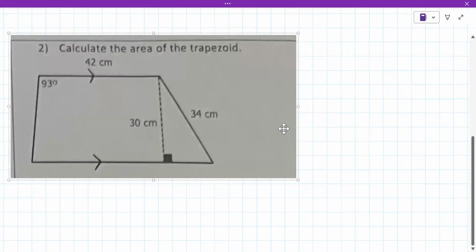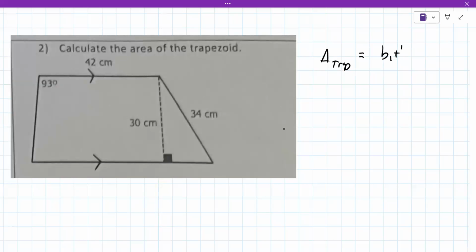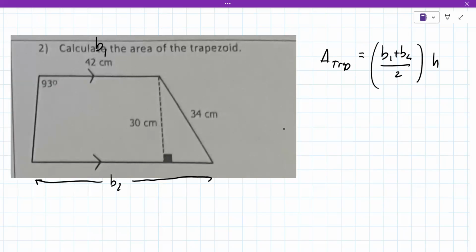All right, calculate the area of the trapezoid. Sometimes it's good to start with the formula. There are a lot of different ways it can be written. Base 1 plus base 2 divided by 2 times the height. You have base 1, but you do not have base 2. You partially have base 2 because it's related to down here.